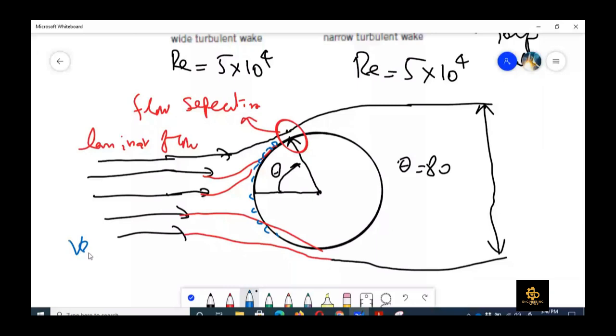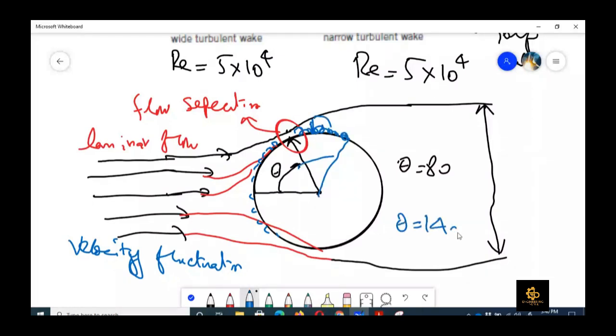Due to that velocity fluctuation, the flow would remain attached up to this point, which is theta equal to 140 degrees. It would also remain attached up to this point on the downside, and the wake region would be small. For the laminar case, the flow separated at theta equal to 80 degrees, and for the turbulent flow it remains attached.